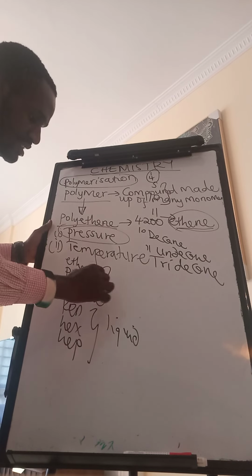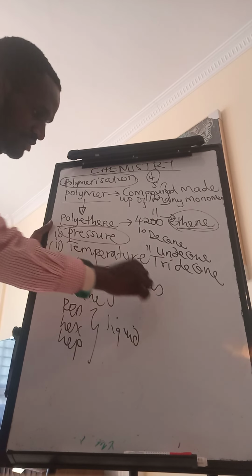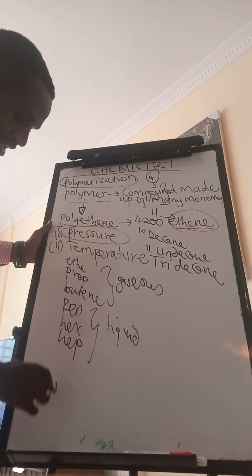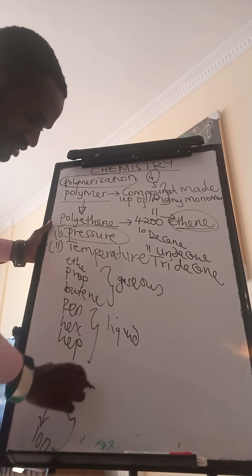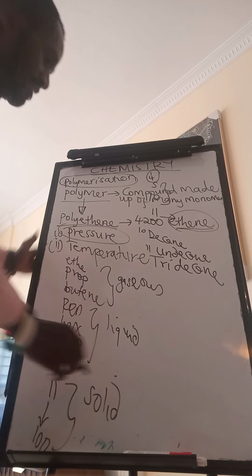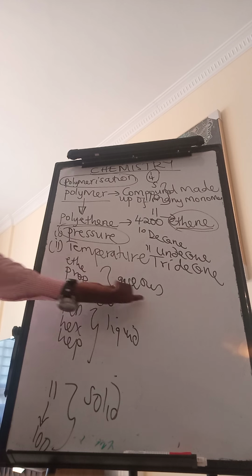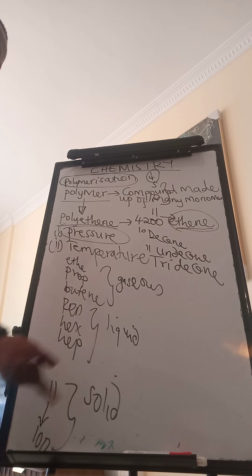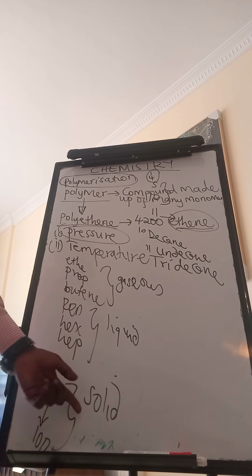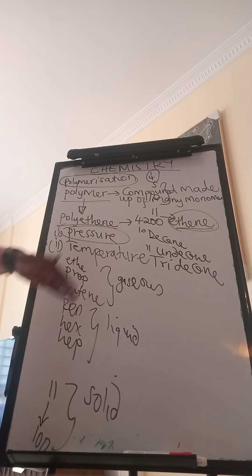So in liquid state, in gaseous state, and of course, from number 11 going forward to maybe even 100, these are in solid state. To be very specific, the first 3 alkenes are gaseous compounds. The next 6 are in liquid state, and the rest are in solid state. So the physical state changes from one alkene to the other.